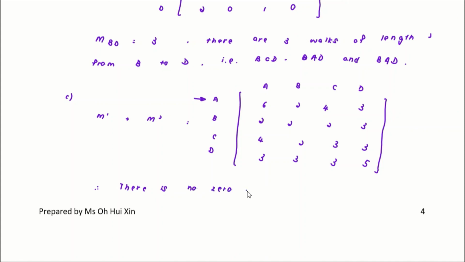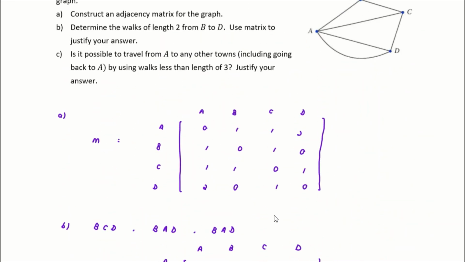Okay, there's no 0 entry in the row A, which indicates traveling. Let's go back to the question. Is it possible to travel from A?